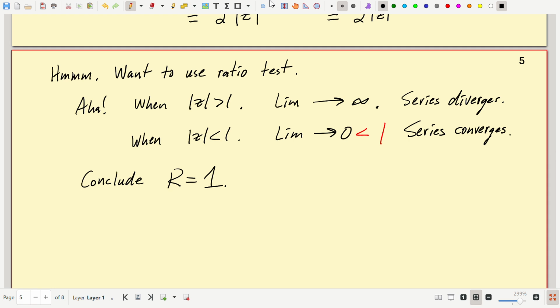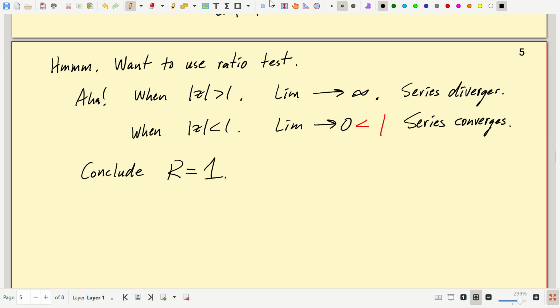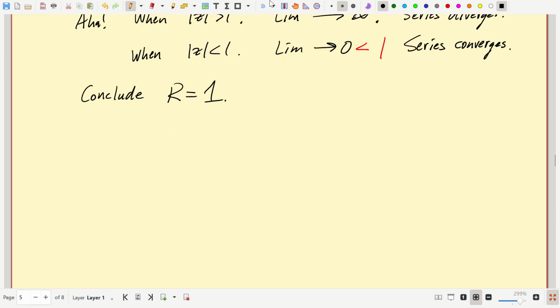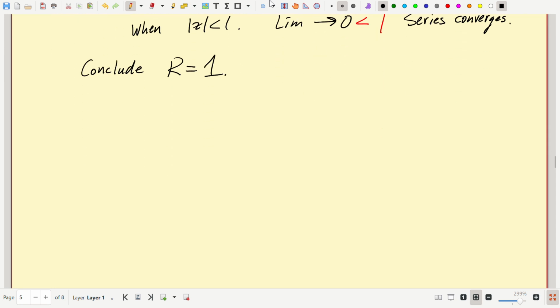Could you use the Hadamard formula? Let's think about it. I don't want to think about it. Oh, let's see. Another example, like from homework.